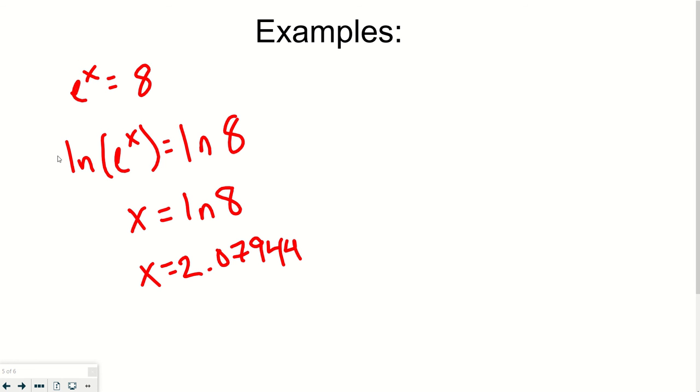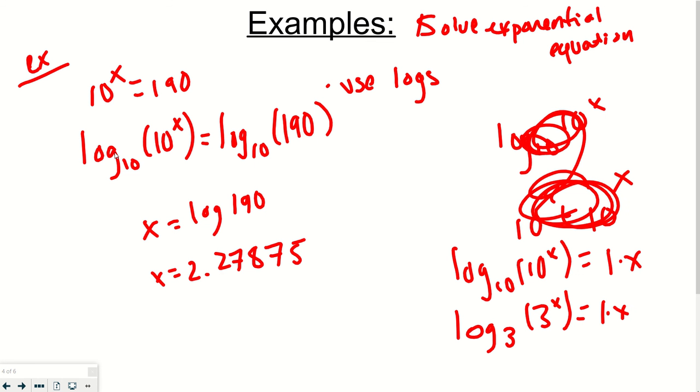So we'd use this idea of it being the inverse operation, just like the inverse of addition is subtraction, and if you do division, the inverse is multiplication. Same thing here. If you have a base e, then the inverse is natural log. And for this back here, doing the log of that same base would make this go away, and all you're left with is x. So same idea there.